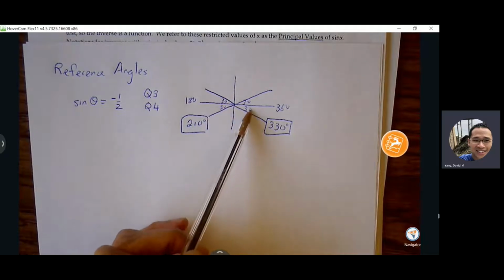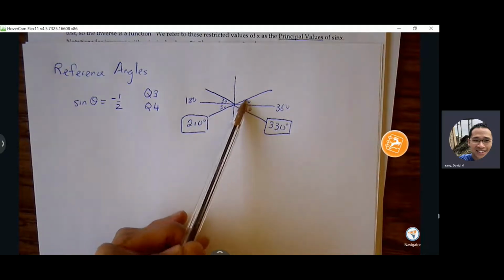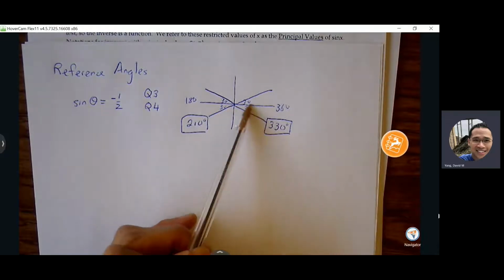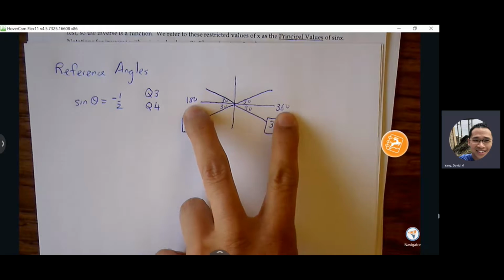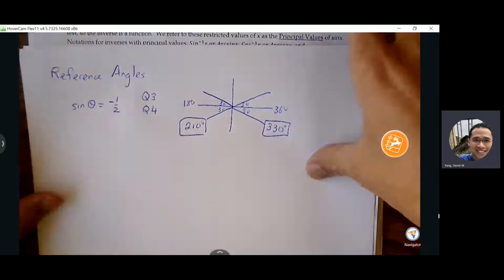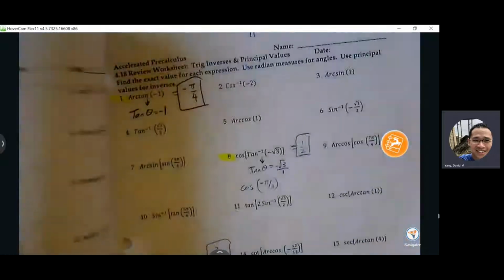The idea is that we want to figure out what that reference angle is so that we can use that to figure out which quadrant we want to be in, right? And we're always going to be either adding or subtracting from 180 or from 360. Or if it's the first quadrant, you just leave it alone. Okay, so those are two things I want to review before we jump into page 13.